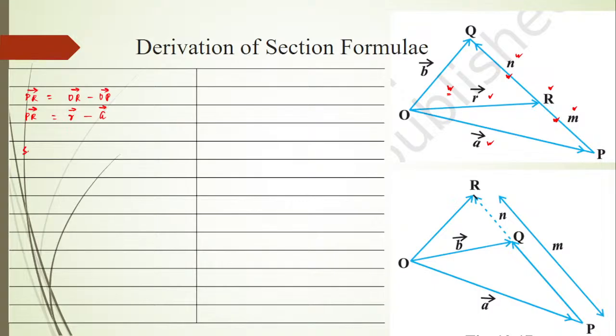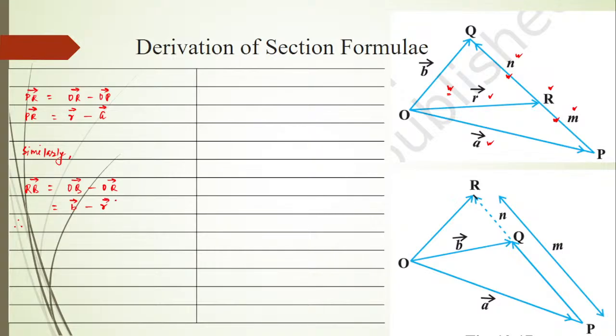Similarly, vector RQ equals vector OQ minus vector OR. The value of vector OQ is vector b and the value of vector OR is vector r.